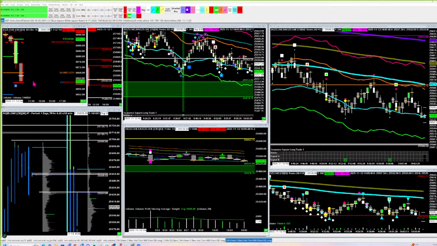Will someone let me know when it got the rest of the scales? That 39 and a quarter is an open POC.